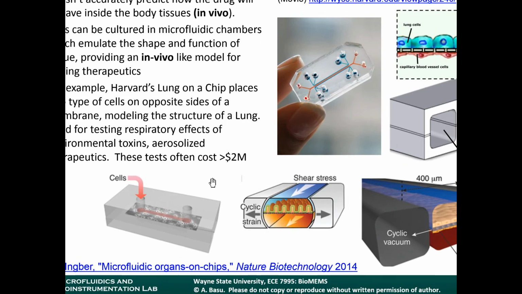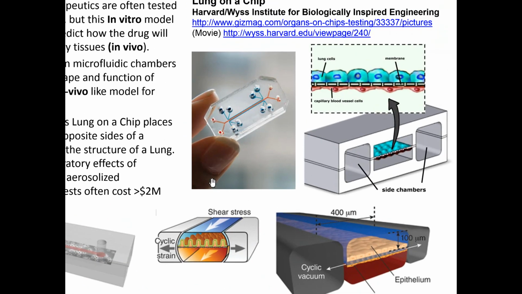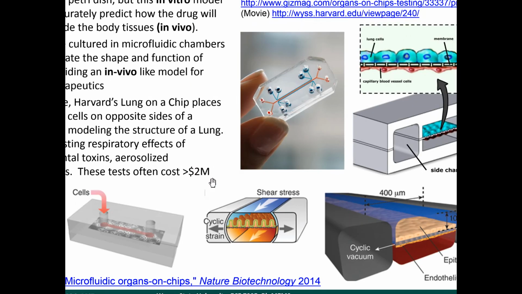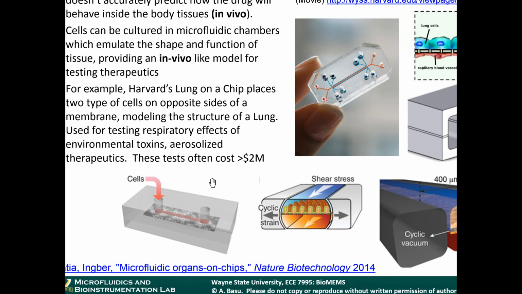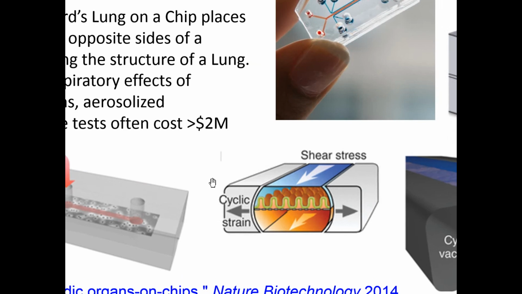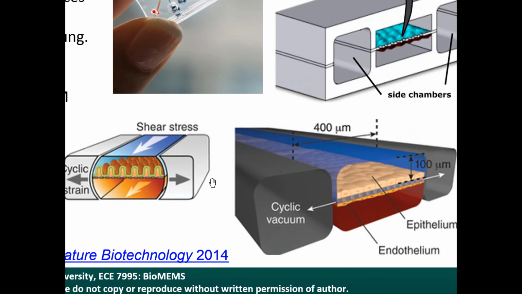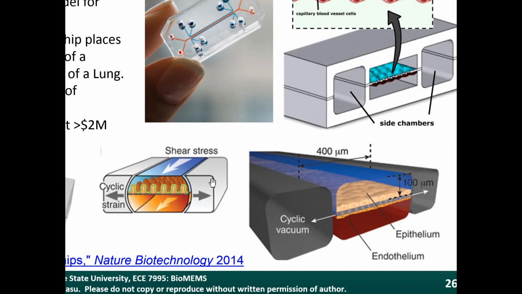So what they do in the microfluidic device is create a membrane, and they flow in cells. They flow in one type of cell on the top half of the membrane, then they flow in another type of cell on the bottom half of the membrane, effectively recreating this type of environment. In addition, they have two adjacent PDMS chambers on the left and the right here where they're applying a cyclic vacuum.